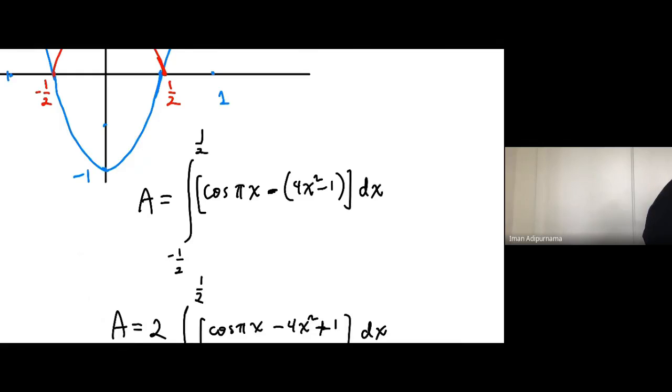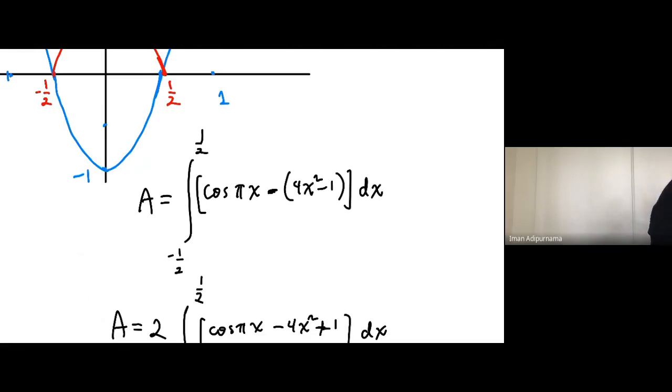The curve that is above the other will be the top one, so the top minus the bottom. That will always be the concept for integration. And for dy, if you integrate dy, you need to see from a different angle.